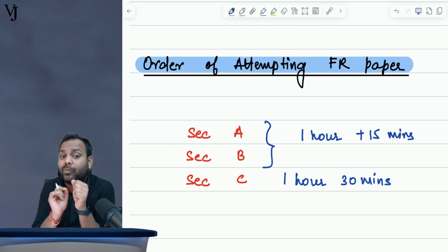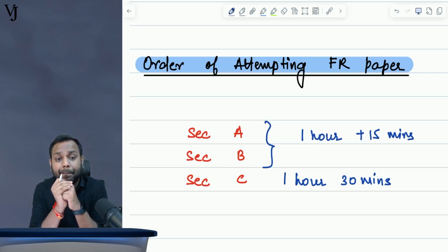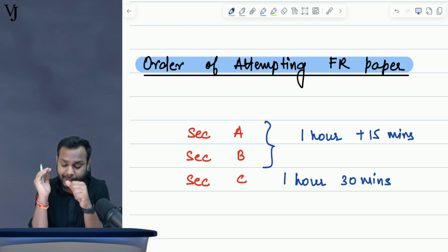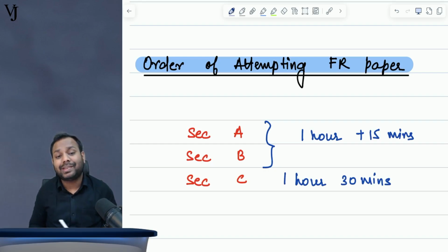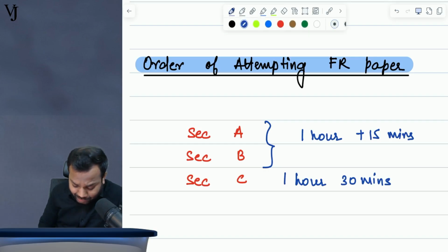In this time, you have to go through the flagged questions of Section A and Section B. Why am I telling you this approach? Understand the logic behind it. In Section A and B, you can either score 2 or 0.